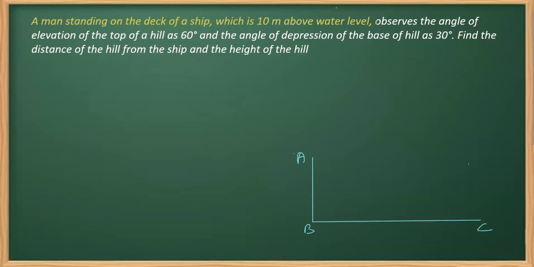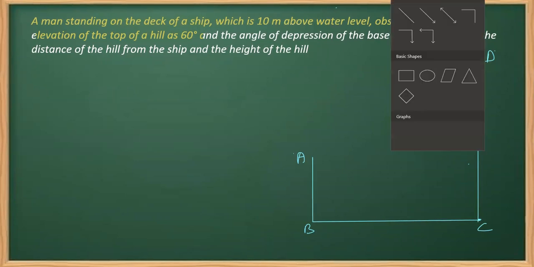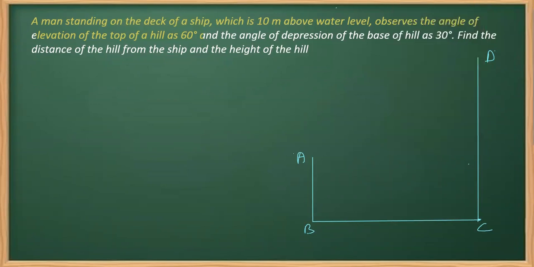It says further that he observes the angle of elevation of the top of the hill, which is 60 degree. So let's make a hill first. I'm making a hill that is from C, you will produce it above. Let's say D being the top of the hill and C being its base. In order to make an angle of elevation, we must make a horizontal.